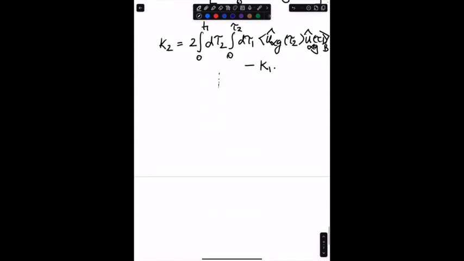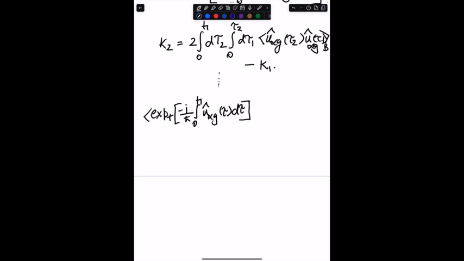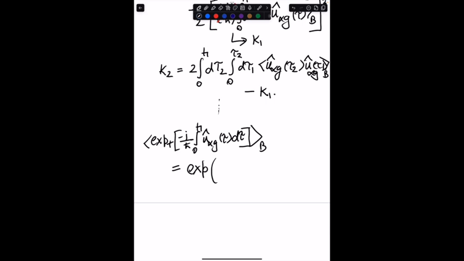So what you get now is the exponential of minus i upon h bar, integral 0 to t1, delta alpha g tau dτ, is equal to the exponential of the sum over n of 1 upon n factorial, minus i upon h bar to the power n, times Kn.